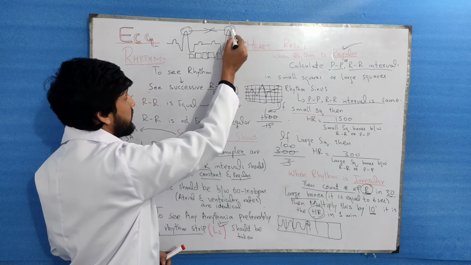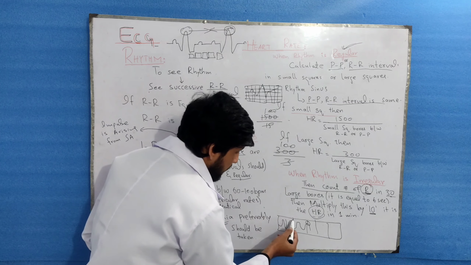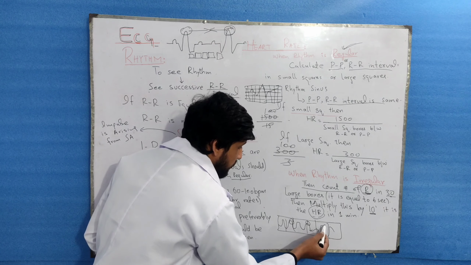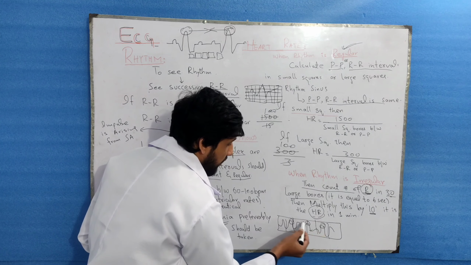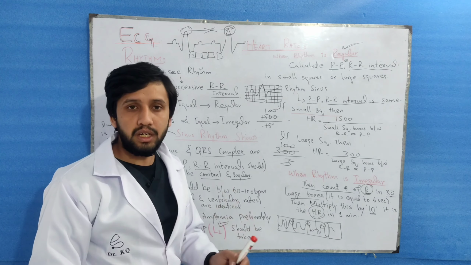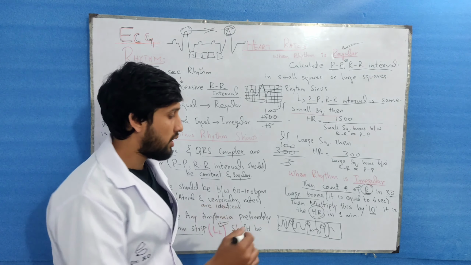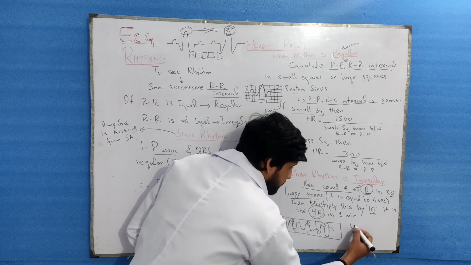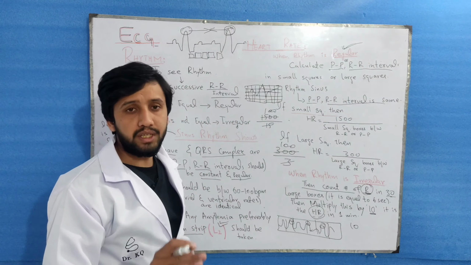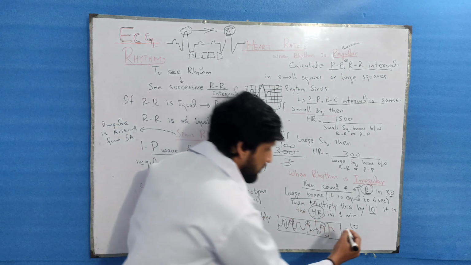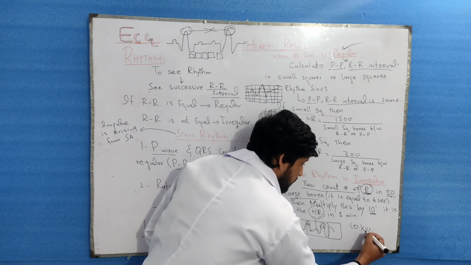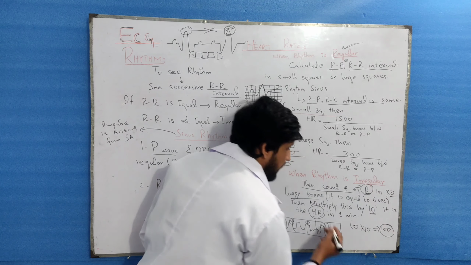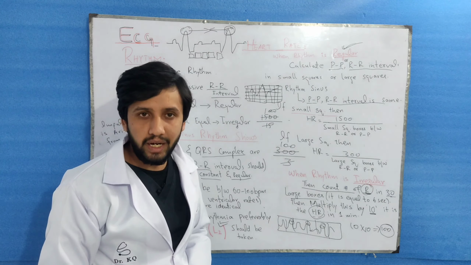I have told you earlier, this is the R wave. Calculate the number of R waves like this, P, Q, R, S complex, like this. In 30 large boxes, you will calculate the number of R waves, then multiply this number by 10. Suppose you have 10 R waves in 30 large boxes, then multiply by 10. You will get the heart rate in 1 minute from an irregular rhythm.